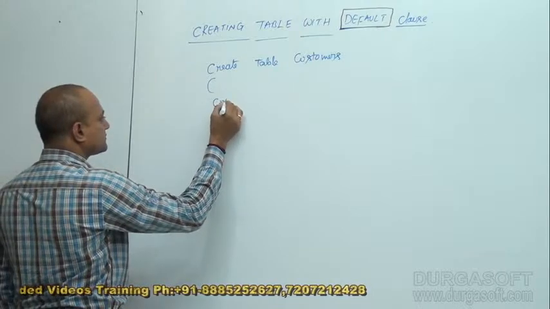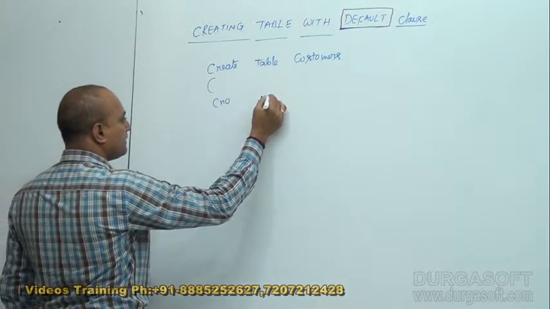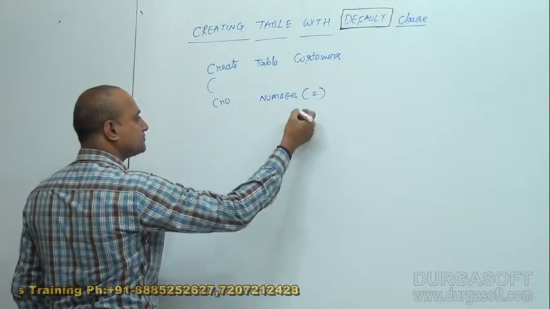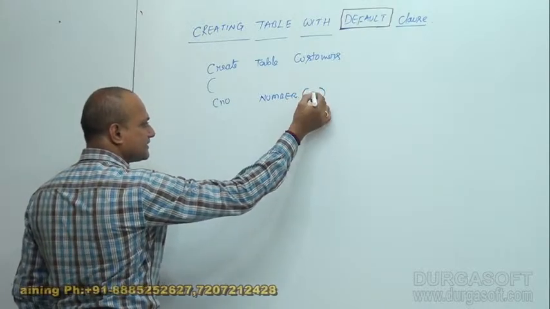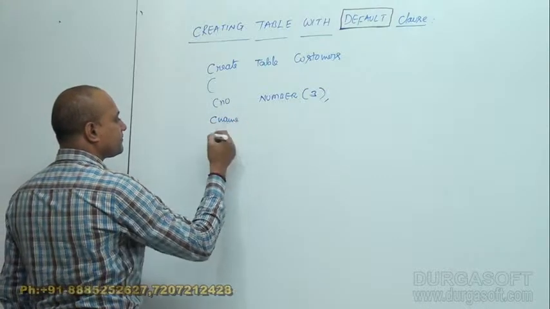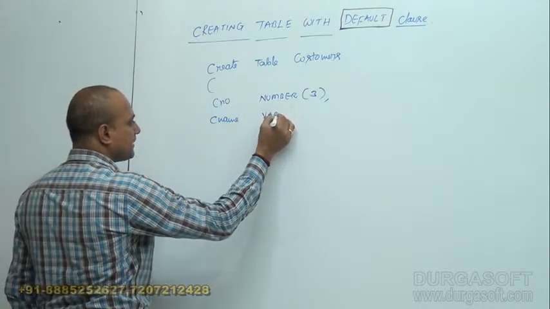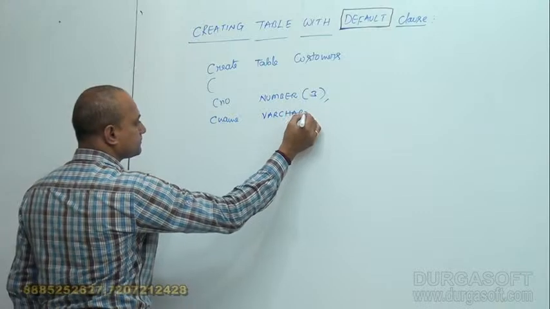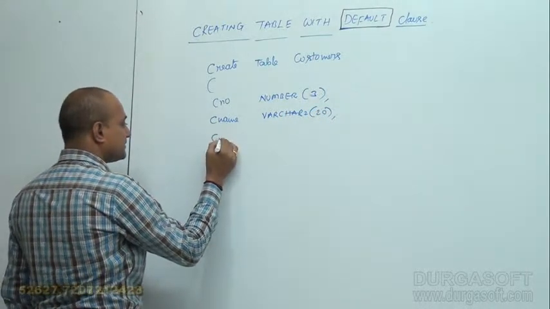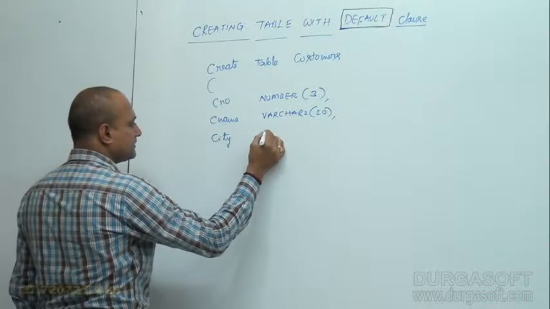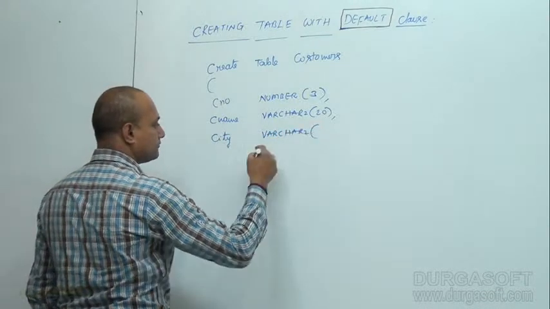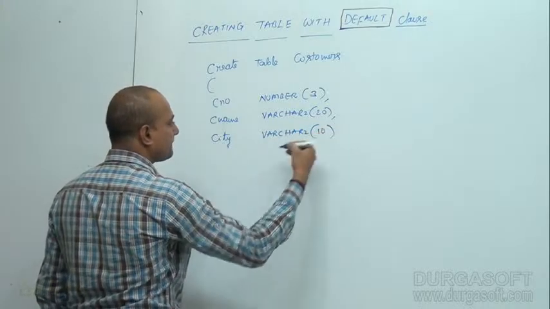Here, customer number, let us say it is a number of 2 or 3, whatever it is, comma, customer name, this is varchar2 of 20, and customer city, this is also varchar2 of 10.